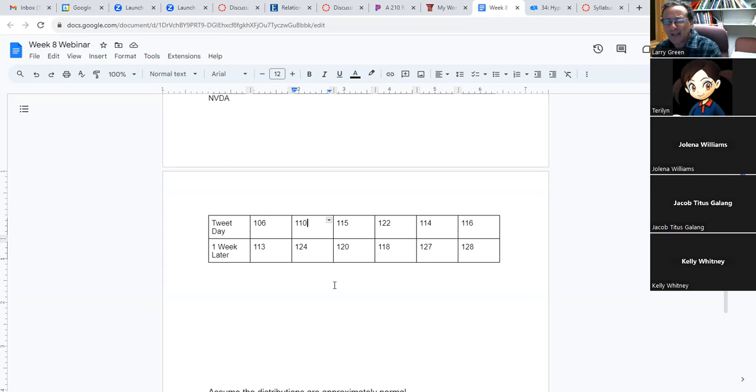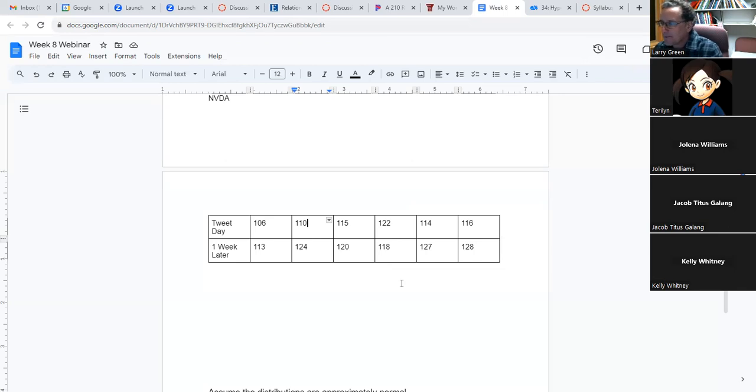Do you see how that would violate it? Because you're buying at 106 and you're selling at 113. You're buying at 122 and you're selling at 118. You can't buy at 122 and then sell at 113. That wouldn't be possible. Do you see that? So these are paired numbers. And if they're paired, then it's dependent. Does that make sense?